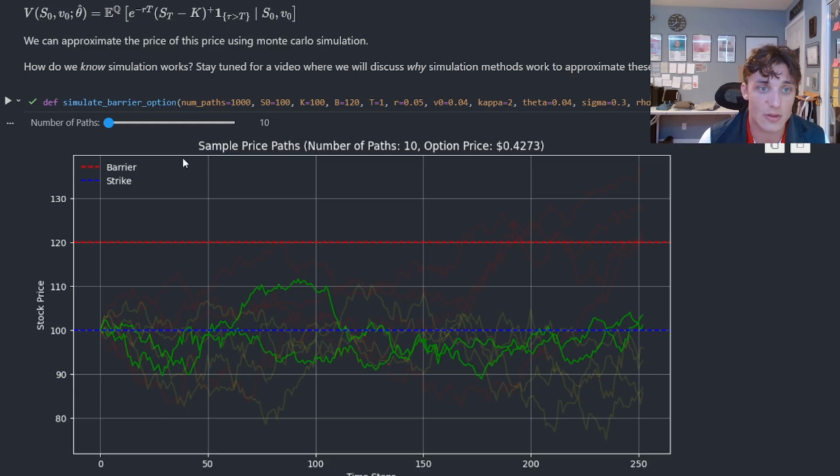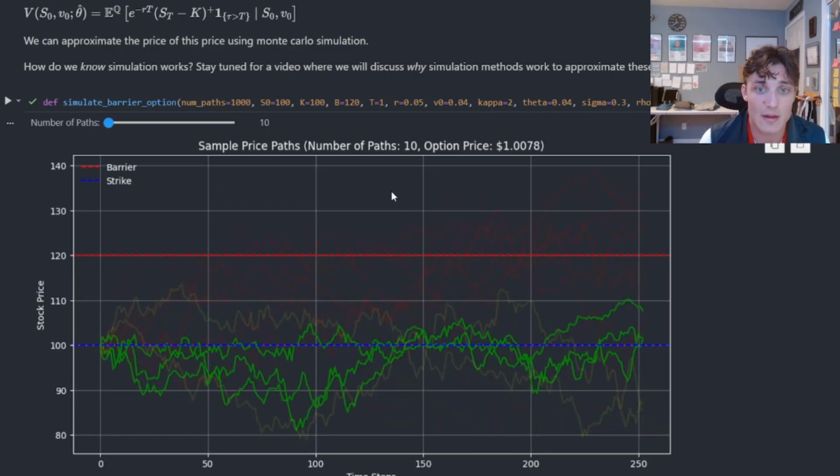So let's take a look at 10 sample paths. We get a barrier price of 0.4273. Well, we're not very confident in that price, right? If I was to run that again, I get 1.0078. That's not a lot of confidence. So let's increase the number of sample paths.